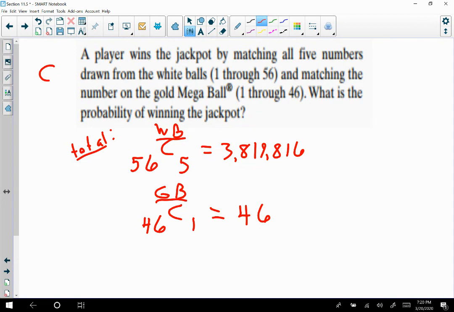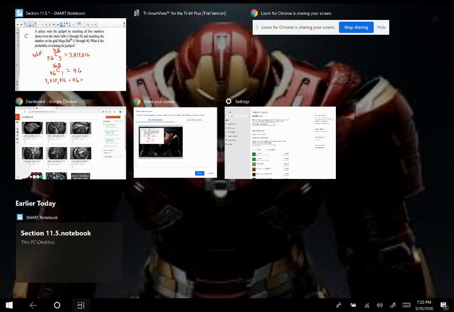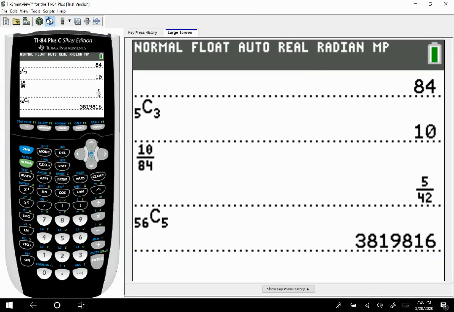So to get our total, all we're going to do is take 3,819,816 times 46, and again, this is going to be a very large number. I grab my calculator, scroll up, grab that number, and multiply it by 46.